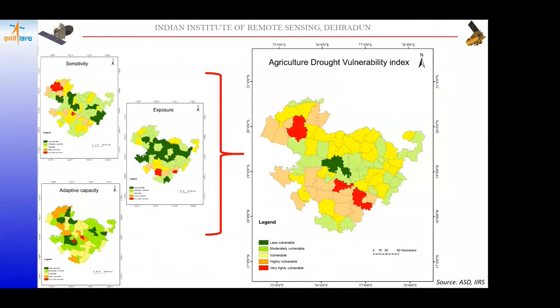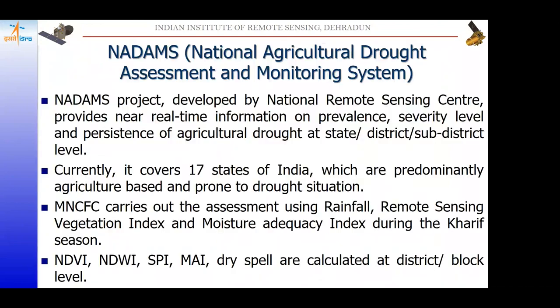So such a study was done to define the agriculture drought vulnerability, the vulnerability scale of a particular area, as well as to assess the agriculture drought situation over the particular area.